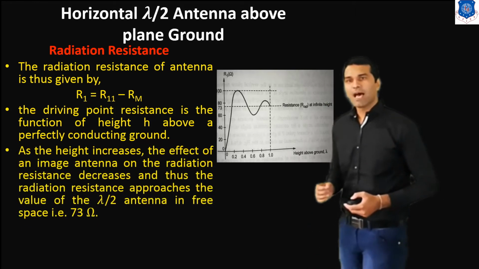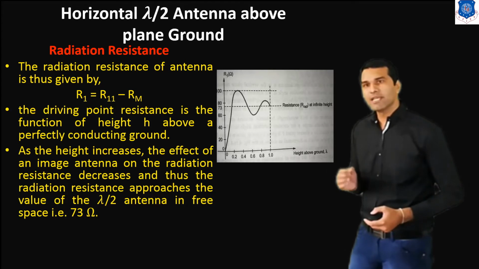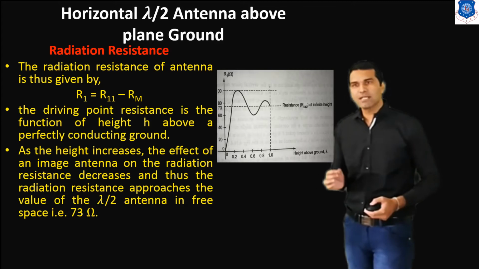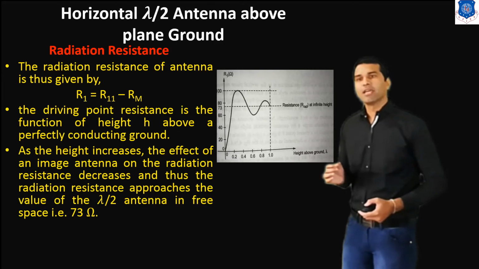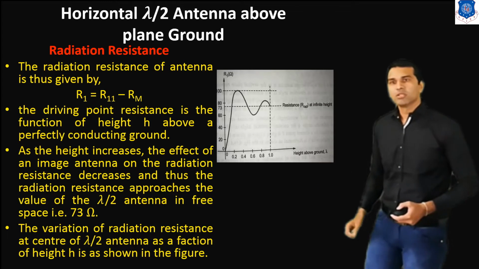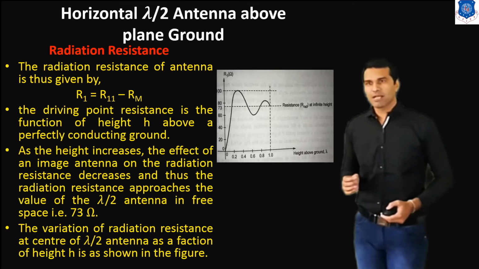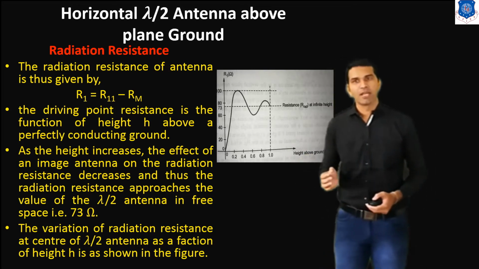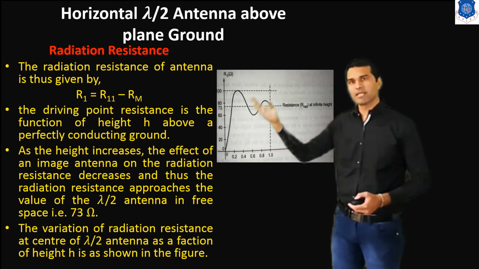So, as the height increases, the effect of the image antenna on the radiation resistance decreases, and thus the radiation resistance approaches the value of the lambda by 2 antenna in free space, that means 73 ohm. The variation of radiation resistance at the center of the lambda by 2 antenna as a function of height h is shown in the figure. So here we can see the radiation resistance variation.